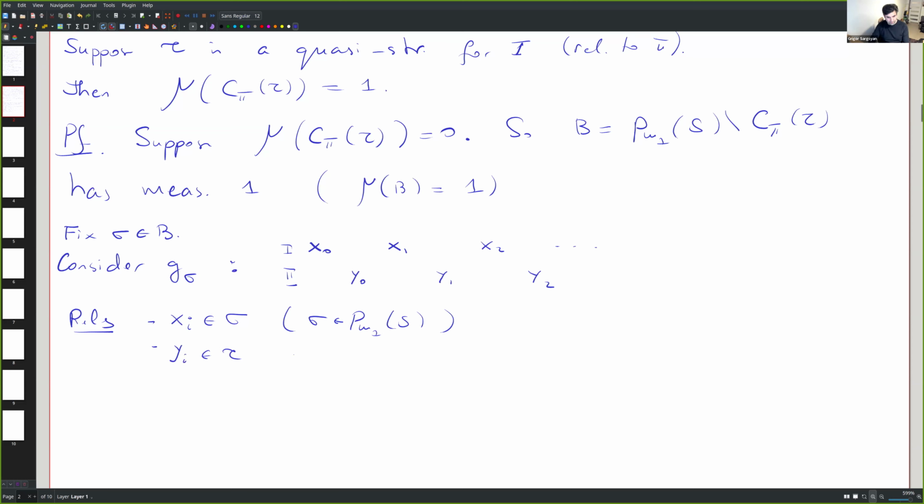Yi is in tau for every i, and the yi's are increasing, right? So 2 is producing a run of the game. This means yi plus 1 extends yi. Remember, tau is a finite sequence of reals, right? And so this notation says that yi plus 1 is longer than yi. It's a continuation.